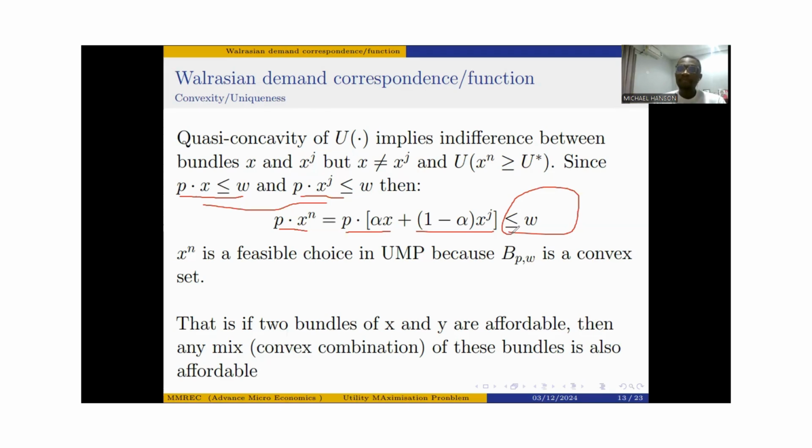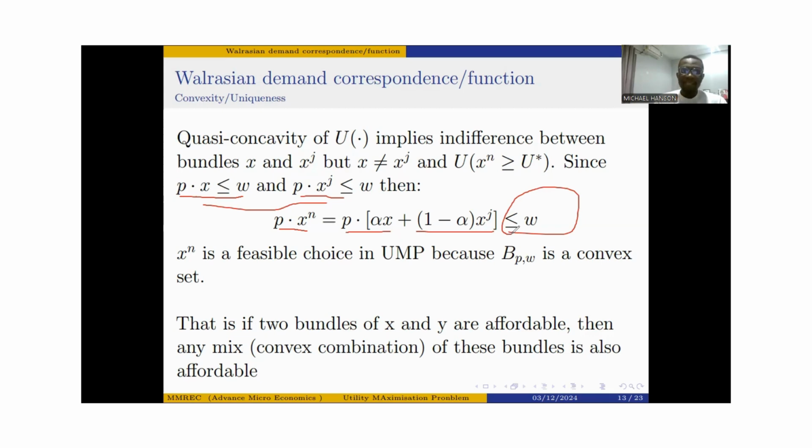That's just the implication of the concavity of the utility function. So it suggests that when you have two utilities or two bundles, which are both indifferent to you, and they are also affordable to you, then you can pick portions of both commodities, which would equally be affordable to you.